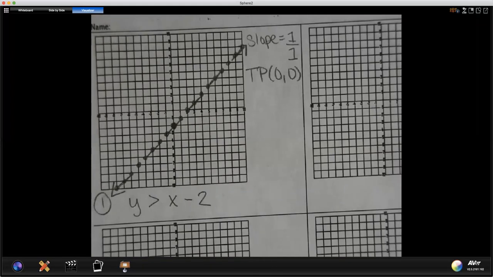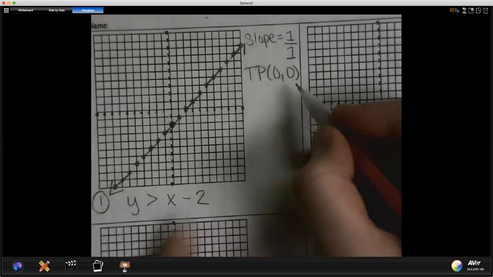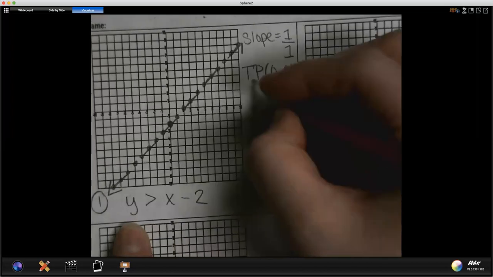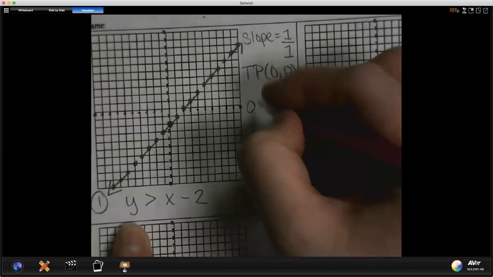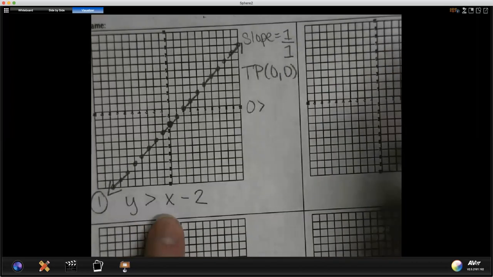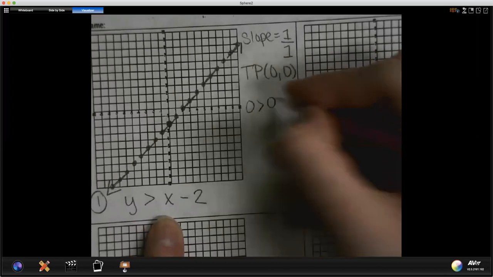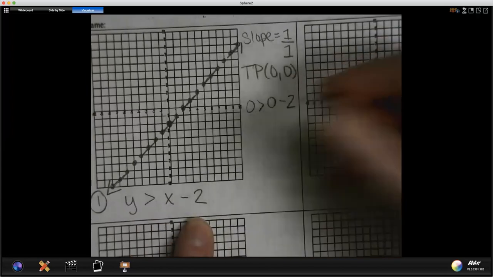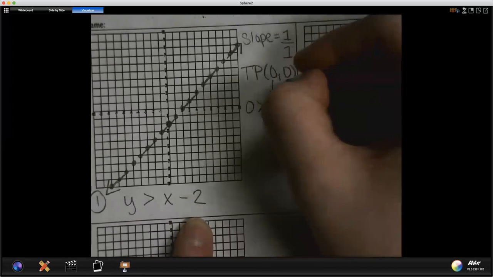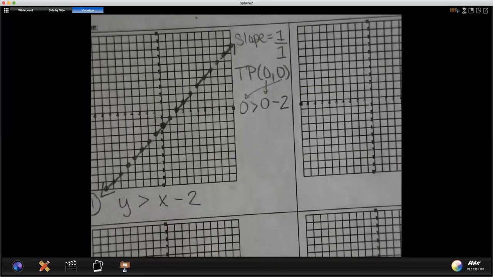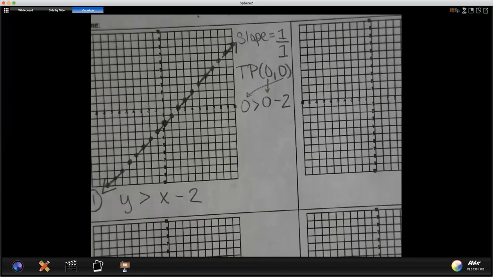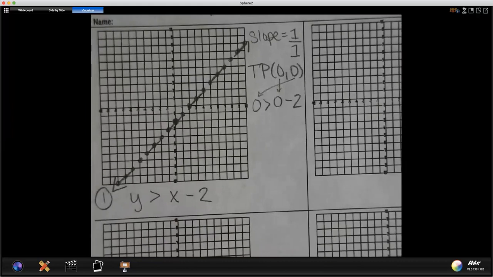And you are simply going to substitute 0 for x and 0 for y. So y would be 0, which is greater than x, which is 0, minus 2. So I'm substituting in the zeros.